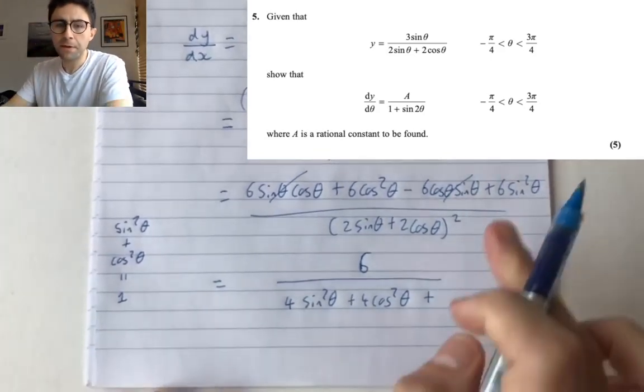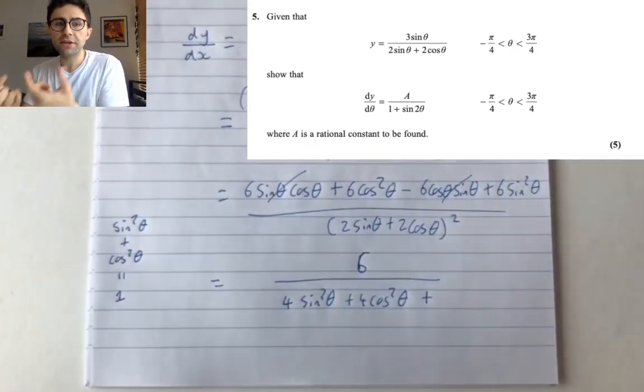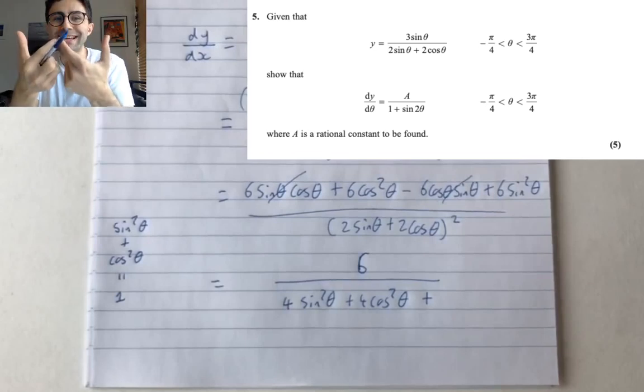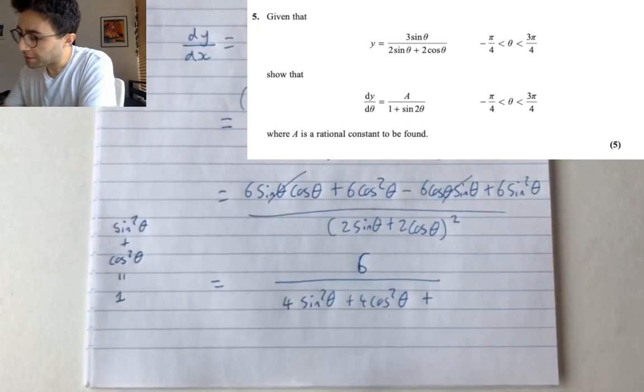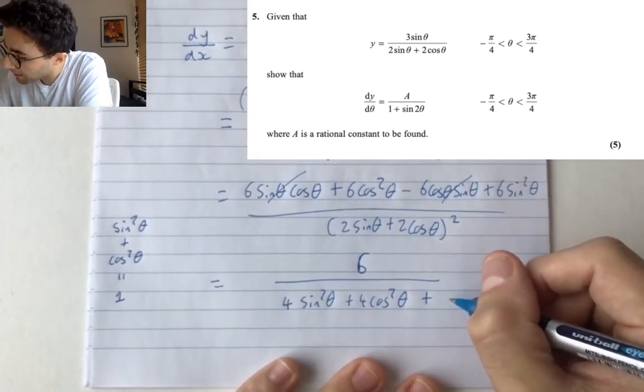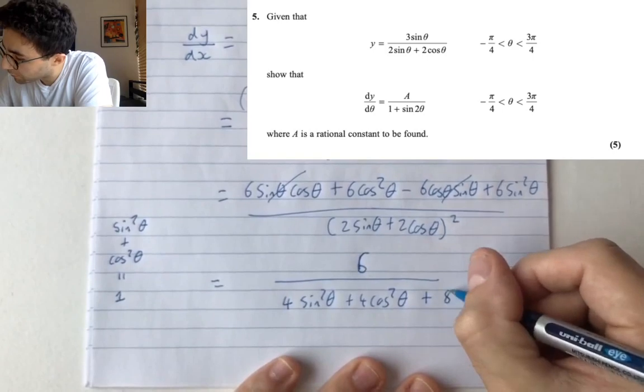By the way, I'm kind of just going quickly over it, but it's all this squared, so really you have to write it out as one of them times another one of them and do your FOIL and get all 4 terms. The 2 cross terms are going to each be 4 sine theta cos theta, so that you're going to get 8 sine theta cos theta on the bottom.